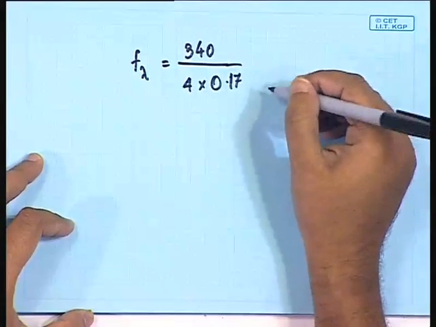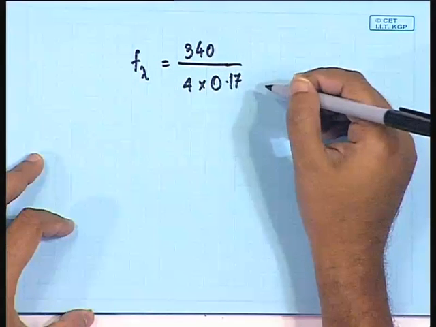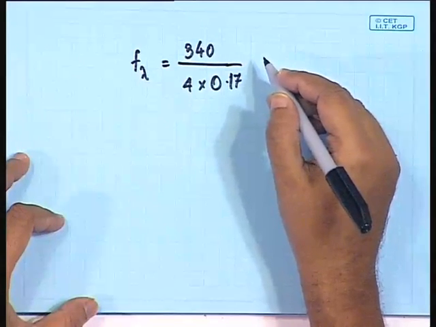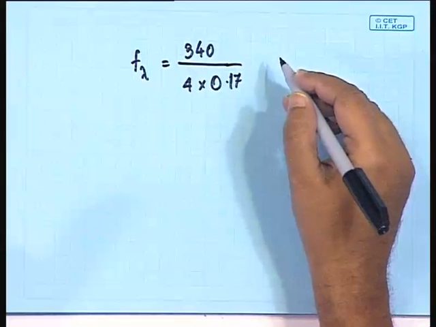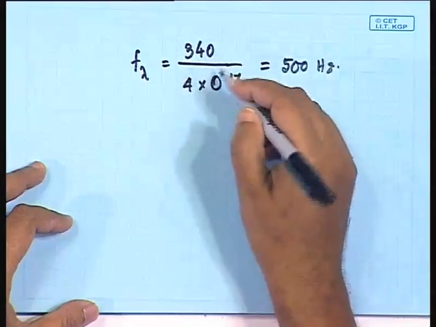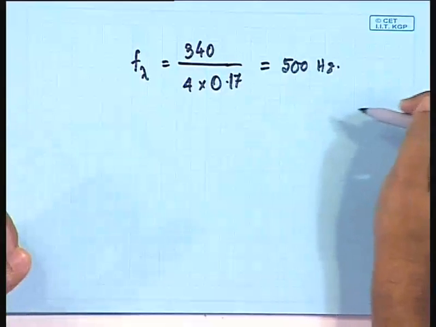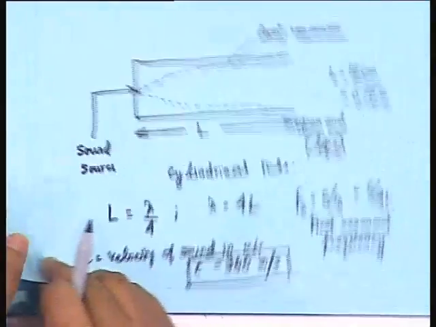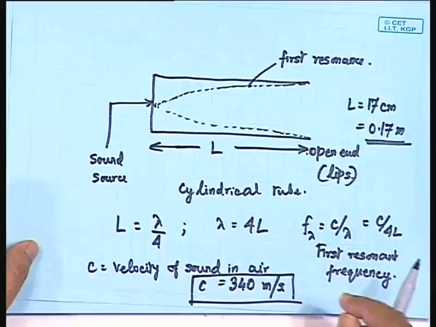Then we get the frequency in hertz, and in fact this works out to 500 hertz. Just see, it is 340 divided by 0.68, which means it is 500 hertz. So 500 hertz becomes the first resonant frequency, provided L is 0.17 meters.